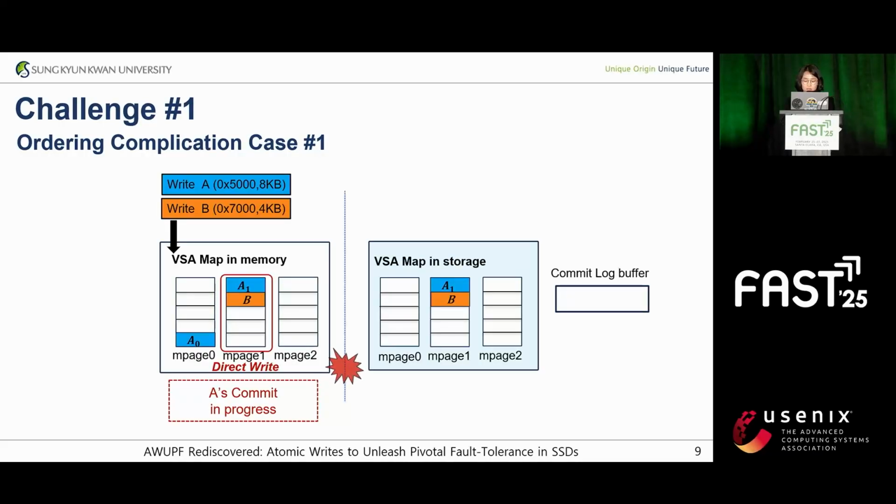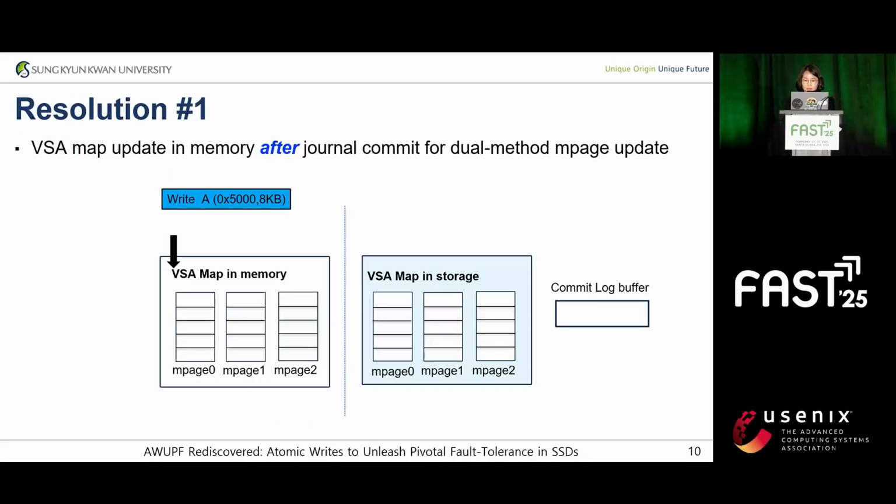Now, if a crash occurs at this moment, M page 1 is stored, but M page 0 is lost. Since write A was never fully committed, this results in an inconsistent state because write A's data was only partially updated. To ensure consistency, the base map in memory should only be updated after a commit is complete.